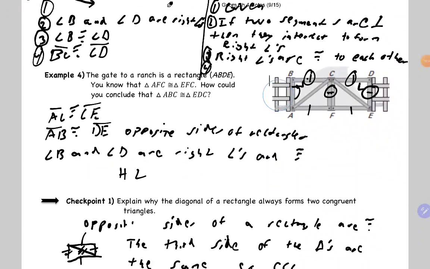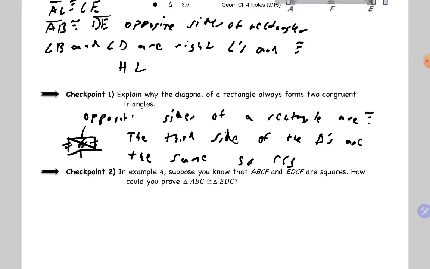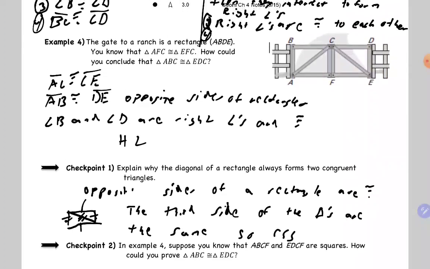So let me do it one more time. So example 4, suppose that you know that those are squares. Could you prove that ABC is congruent to EDC? Yes, you can. So we know for a square, all the sides are the same. And I would say that BC is congruent to CF because all the sides are the same in the square.